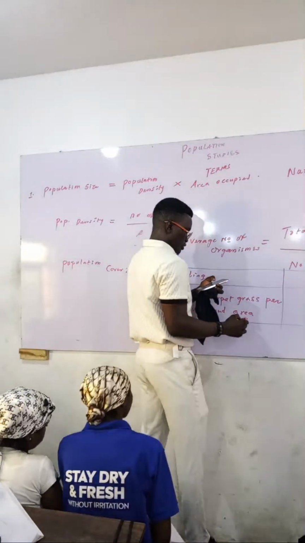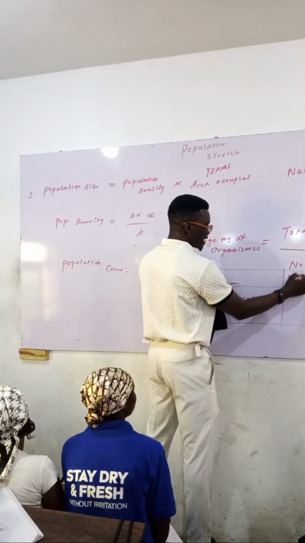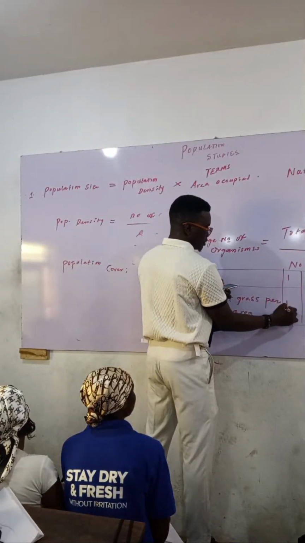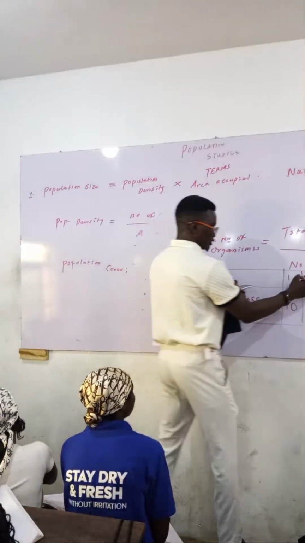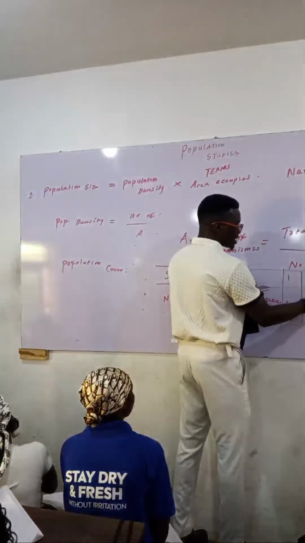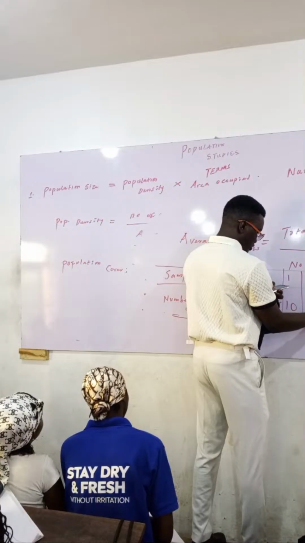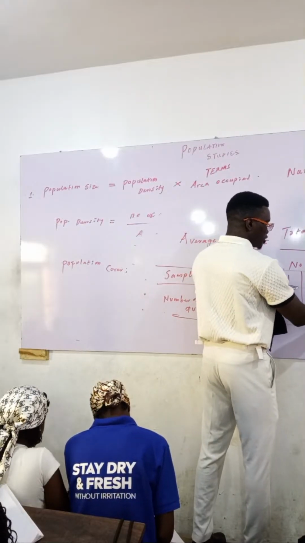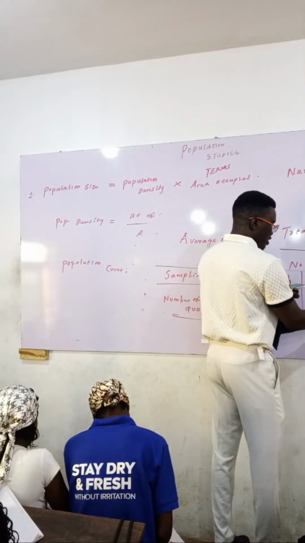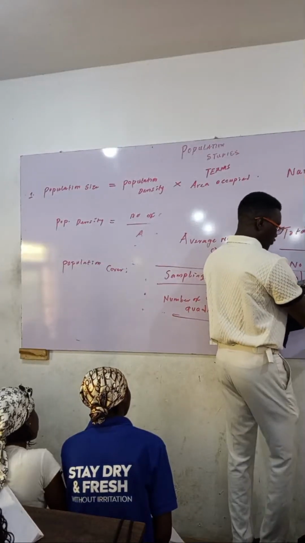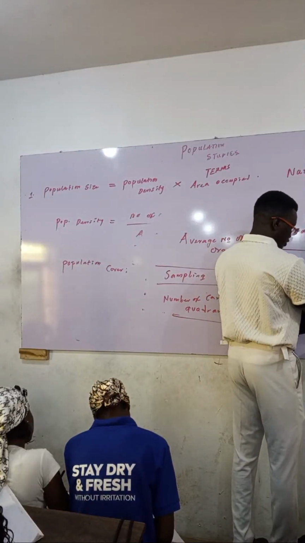So you have, for the first sample, you counted 10. For the second sampling, you counted 12. For the third, you counted 14. For the fourth, you counted 6. For the fifth, you counted 4.